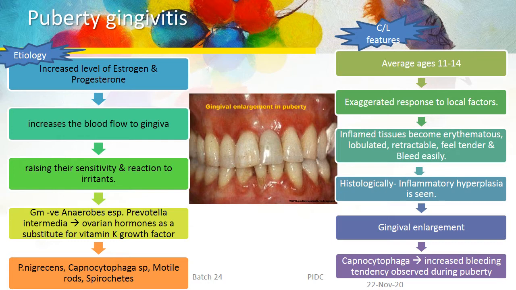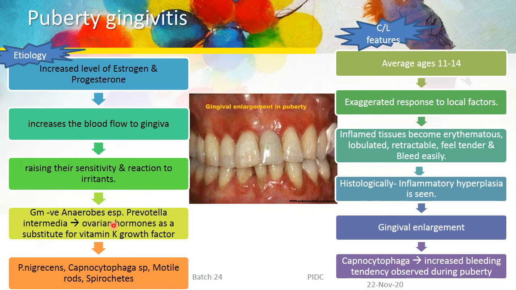So generally, pubertal gingivitis, why does it occur? It is seen that during puberty there is an increased level of estrogen and progesterone. Because of this, there is an increase in blood flow to the gingiva, and this raises their sensitivity and reaction to irritants. Not only that, you have gram-negative anaerobes such as Prevotella intermedia, which uses the ovarian hormone as a substitute for vitamin K growth factor.